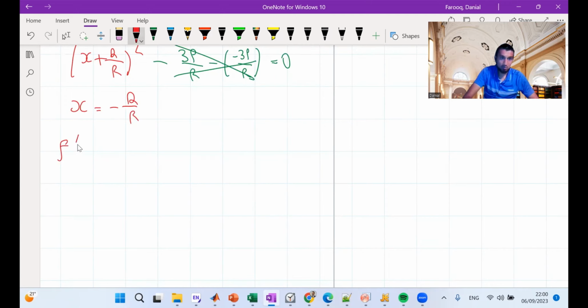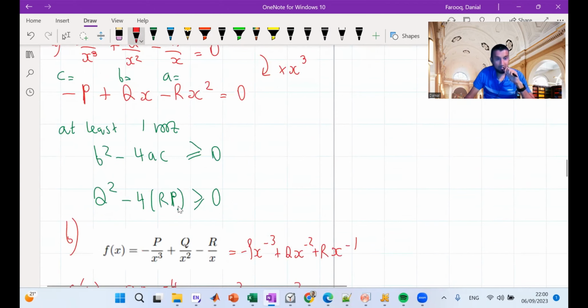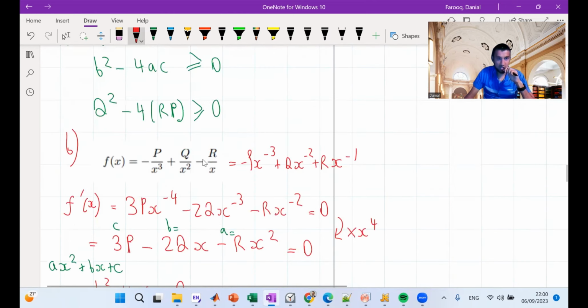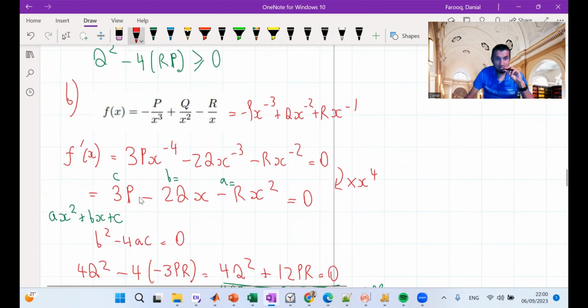And then we'll find the second derivative to see what's the nature of this stationary point. Okay, so we have the first derivative here. So the second derivative will just be, the 3p will go to 0, this will be minus 2q minus 2rx.